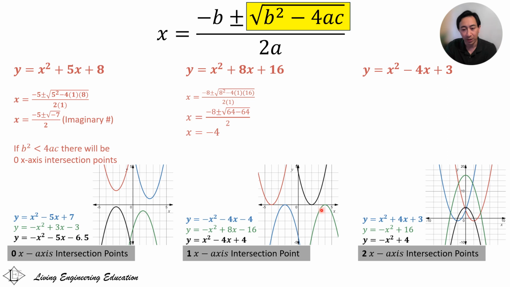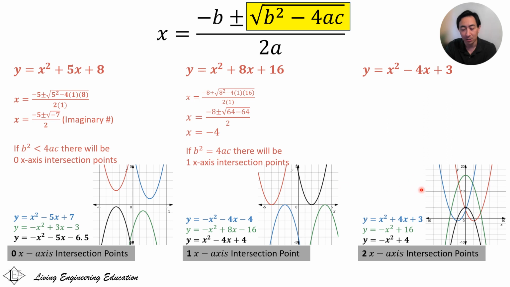In order for that to be true, this plus or minus component needs to be 0. So b squared minus 4ac needs to be equal to 0, or b squared must equal 4ac. In that case, there will be one point of intersection on the x-axis, right? So do the same thing for these three equations and verify that b squared minus 4ac is equal to 0, or that b squared is equal to 4ac.